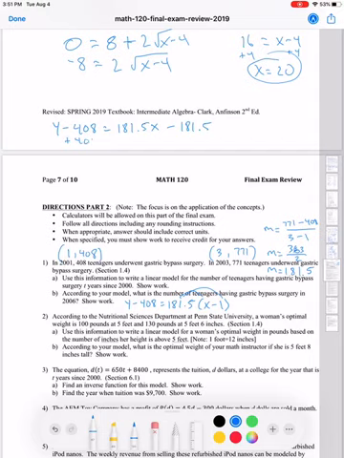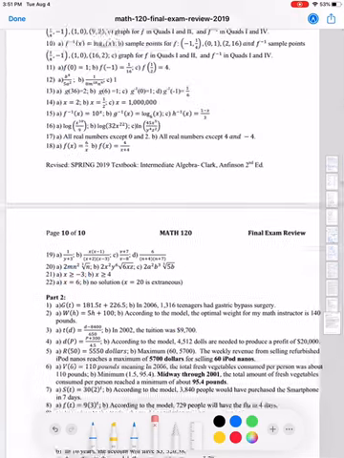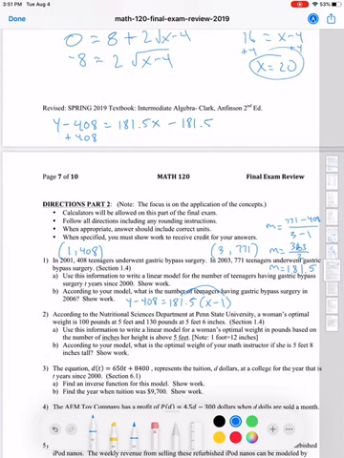And then lastly, we move the 408. So 408 minus 181.5 is 226.5.